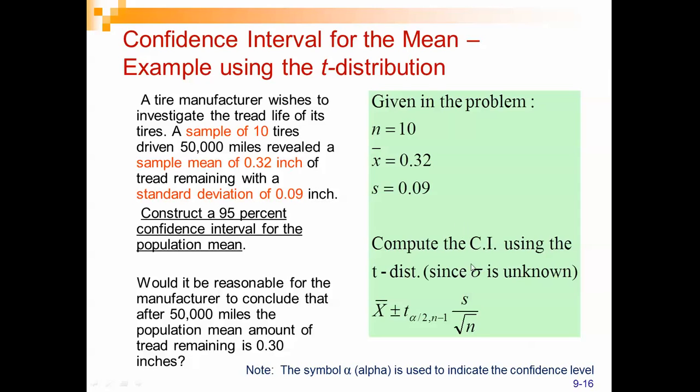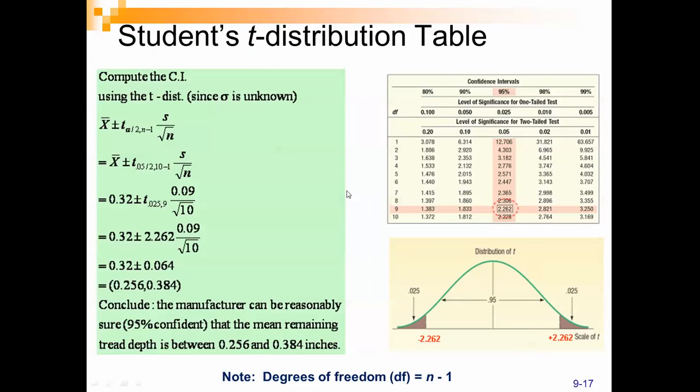And since we don't know the population standard deviation, we're going to use the t-distribution right here. So again, we're going to compute the confidence interval, and if you were to block this all off into one formula, it would be the same thing. We take the point estimate, we add this value to get the upper limit, and then we subtract this value from the point estimate to get the lower limit. Now it's just a matter of figuring out what goes in each of these places here.